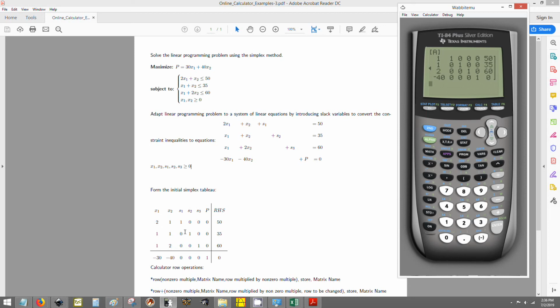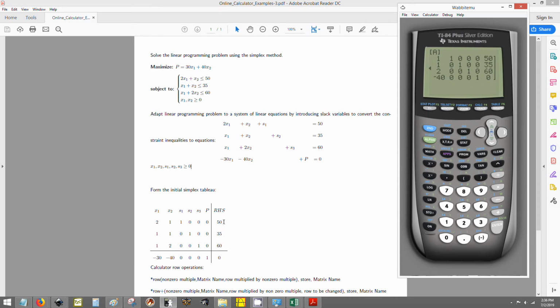So 50 divided by 1 is 50, 35 divided by 1 is 35, 60 divided by 2 is 30, and now the pivot will be the intersection of the pivot column and pivot row, and the pivot row will be the row that has the least value when I divide the right hand side number by the number in its pivot column.